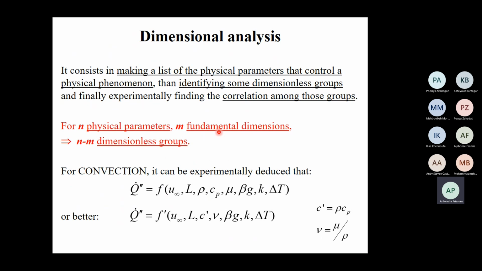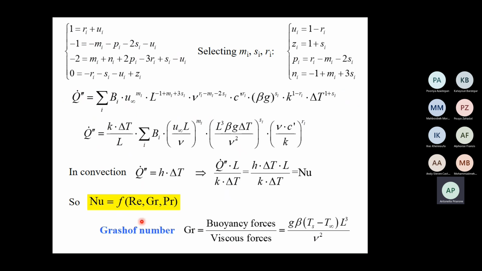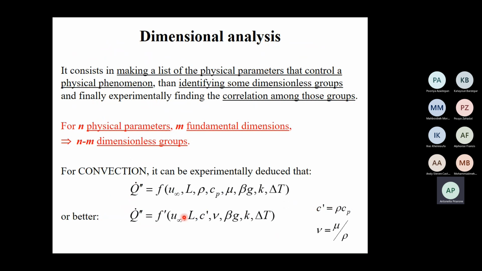And finally, depending on the different cases, the different geometries, different operative conditions, find correlations among the different dimensionless groups. So in this dimensional analysis, first of all, we want to obtain which are the dimensionless groups that control the phenomenon, in particular convection for us. And we start by writing this one, that is the parameters that influence the flux in convection.